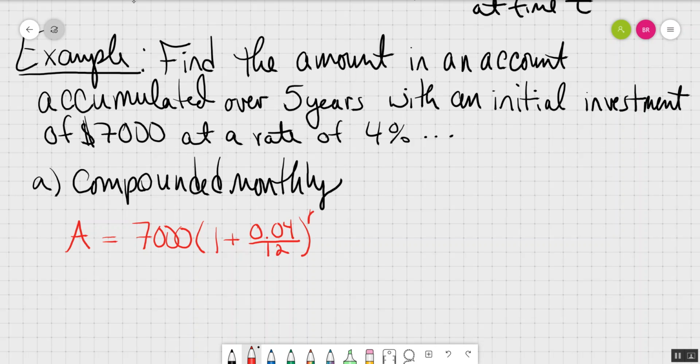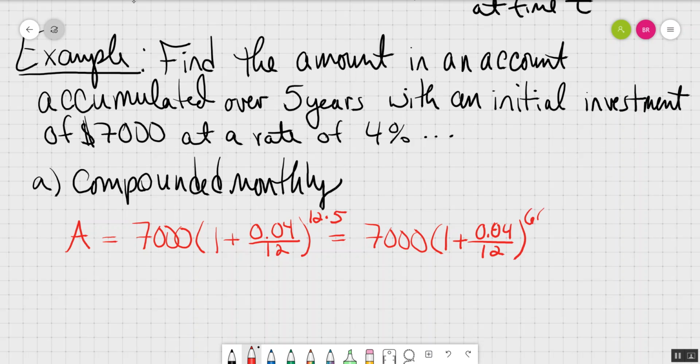And then 5 years, so this will be 12 times 5. What I would do if I were you is calculate what 12 times 5 is ahead of time, which in this case is 60. I would do that first, because having two things going on in that exponent, we've already seen, makes the Microsoft calculator be angry.